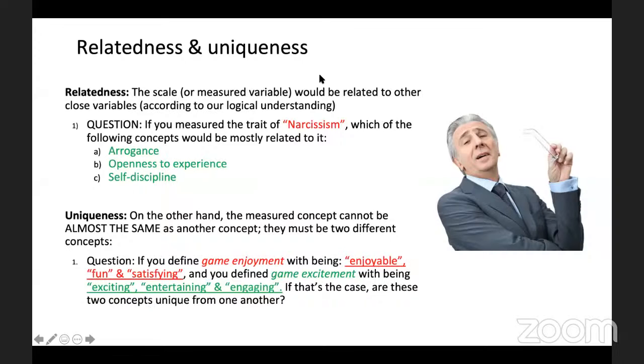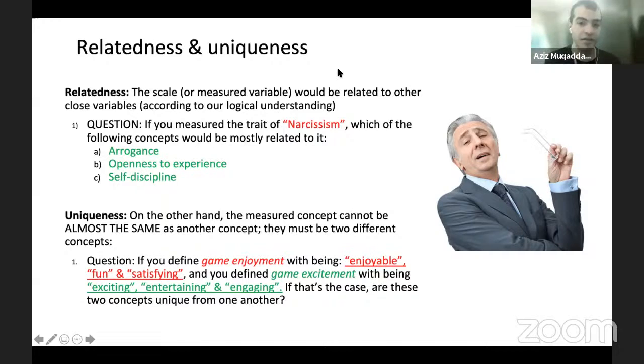But I feel like openness to experience doesn't really correlate with the attitudes of narcissism. Yeah, so there is no logical reason to suspect that openness to experience is correlated with narcissism. There is some logical connection between arrogance and narcissism. You think highly of yourself and look down on others. So those are logically related, so they should be related even when we measure them. That's the idea.